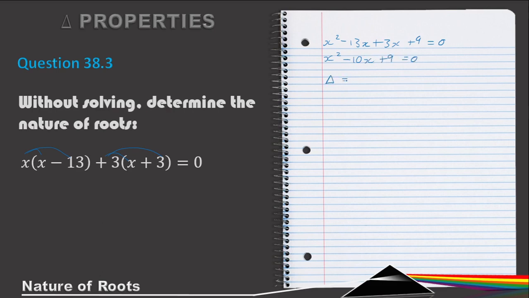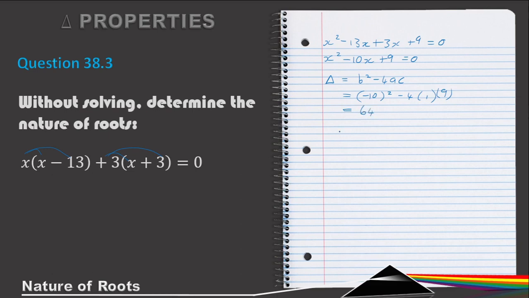So the discriminant is equal to b squared minus 4ac. And then it is equal to -10 squared minus 4. A value is 1, c value is 9. Okay, so this is 100 minus 36, so this gives us 64.